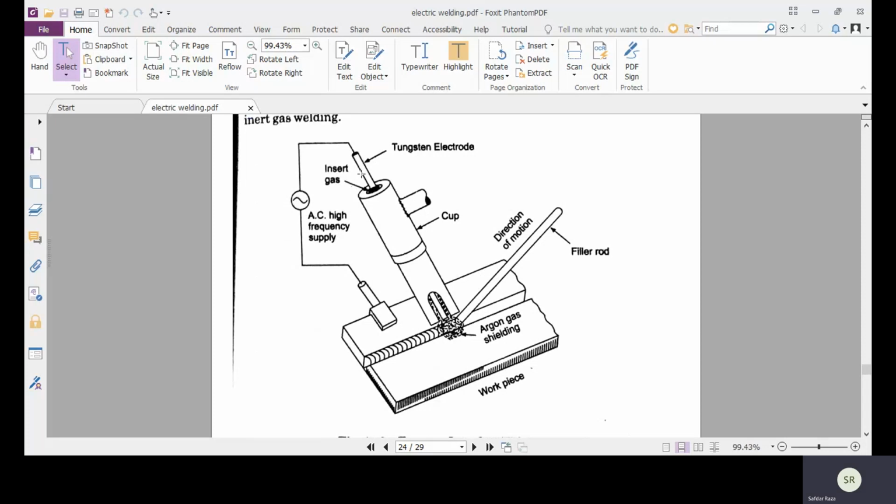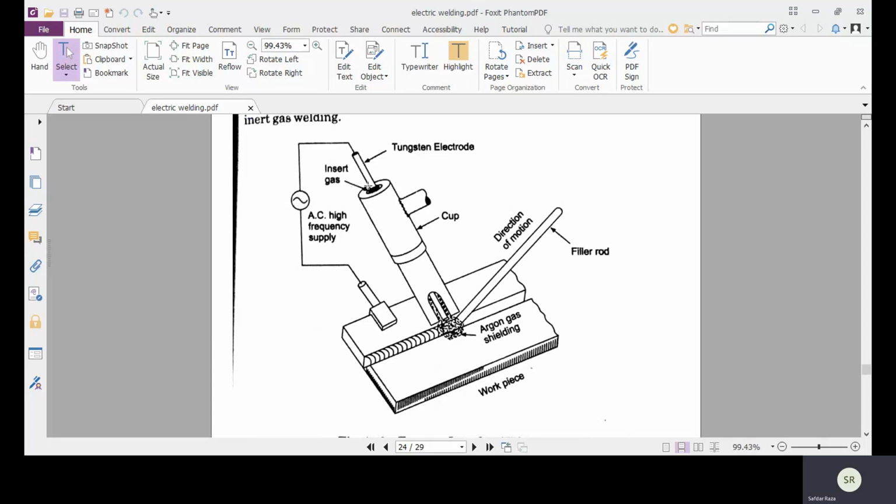Electrodes used in TIG welding are non-consumable tungsten electrodes, which vary in size from 0.15 to 9.5 mm. The electrodes are mounted on a special electrode holder, which is shown here. This holder is also designed to furnish a flow of inert gas.